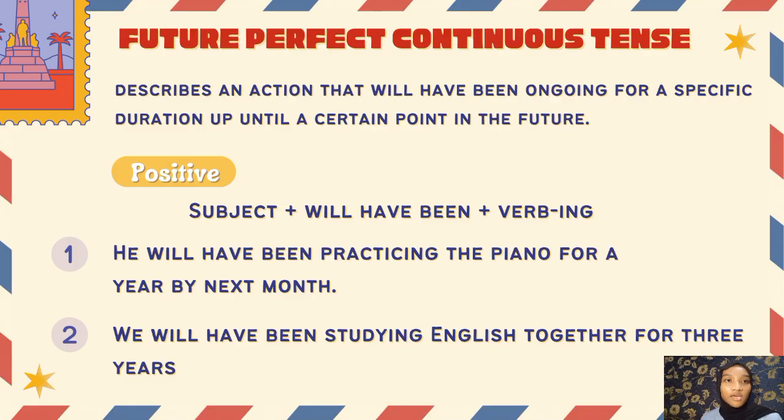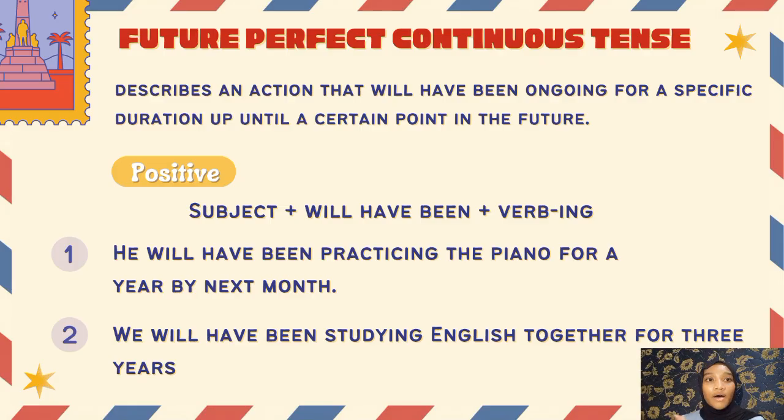Next is future perfect continuous tense. The future perfect continuous tense is used to describe an action that will have been ongoing for a specific duration up until a certain point in the future. For the positive forms, the formula is subject, will, have, been, and verb ing.